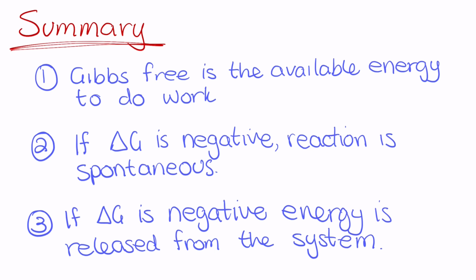And it's important to know that if delta G is negative, this reaction is typically spontaneous. Additionally, if delta G is negative, it's important to know that energy is released from the system, and that energy is actually being lost.